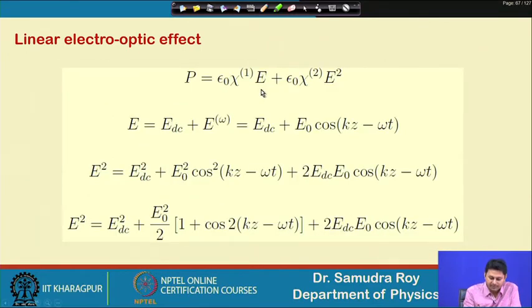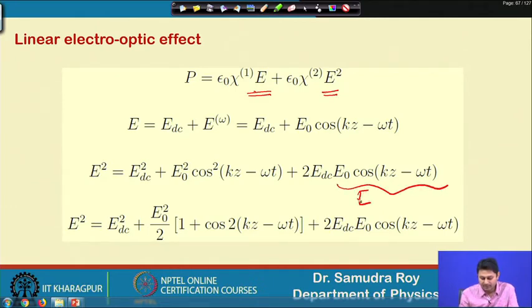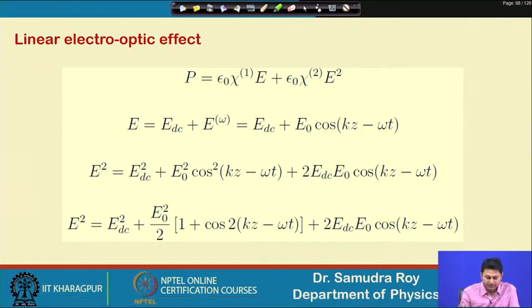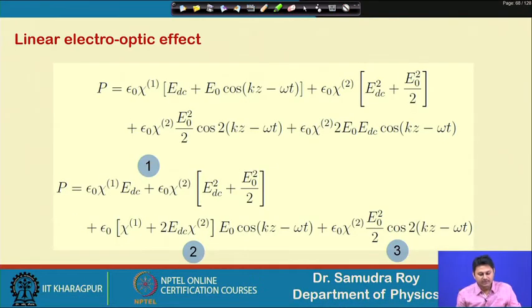So, in the first part we have one electric field present here, and when I make the E squared term, here also one electric field term E is going to appear. So, one can take this E term common in both cases. When you do that, you readily find that this coefficient is going to change because of this common factor. Let us try to understand what exactly I mean here.